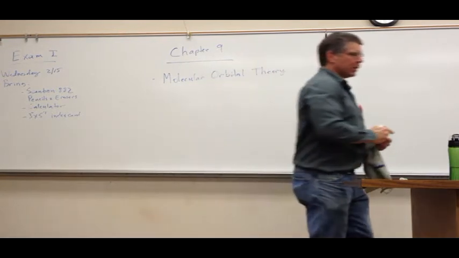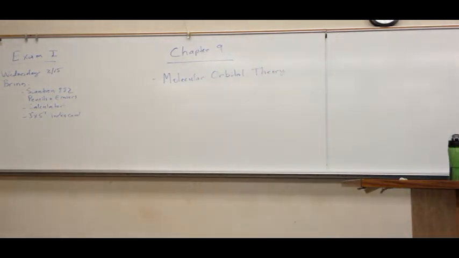What we do in chapter 9 is we try to explain how some of the bonds that we know exist, how they form. And in this chapter, we talk about two basic theories.